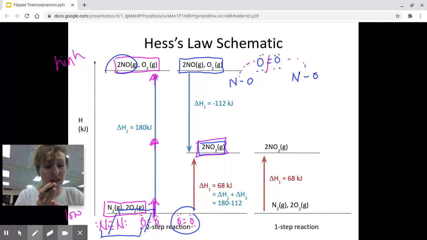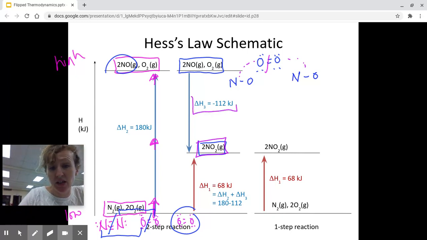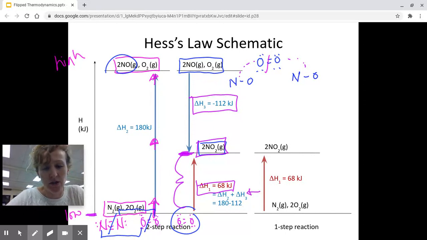And that breaking of the oxygen bond and then that formation of that new oxygen-nitrogen bond is actually going to give off 112 kilojoules. And so our net change here is from the bottom to this top. This net change here is going to be 68 kilojoules. And you see you get it from adding these other 2 together.